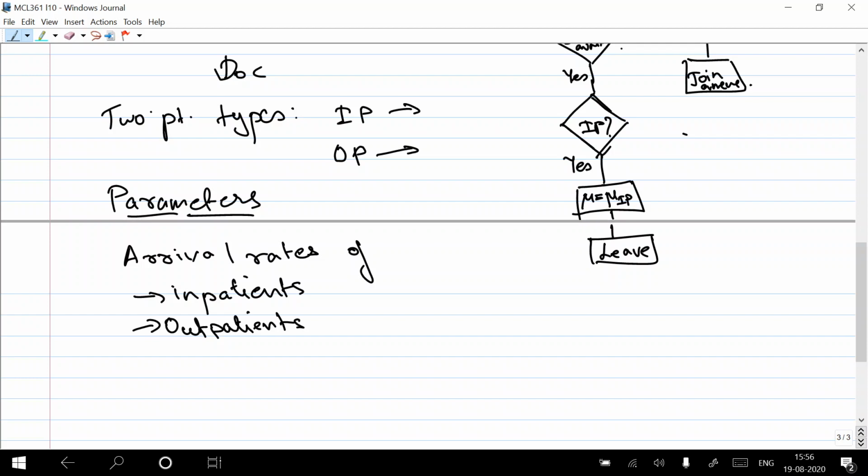So another example: we have also developed a simulation of the transplantation system, the kidney transplantation system in this country. There we have to simulate the arrival of patients and the arrival of organs.